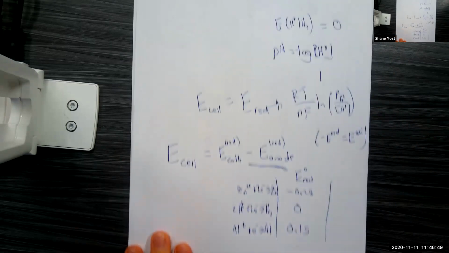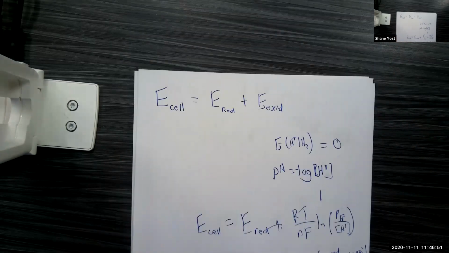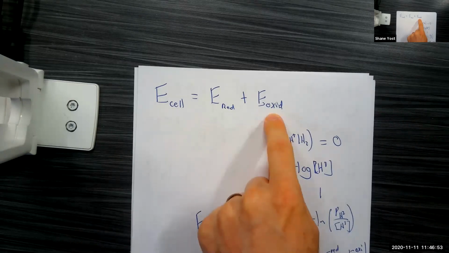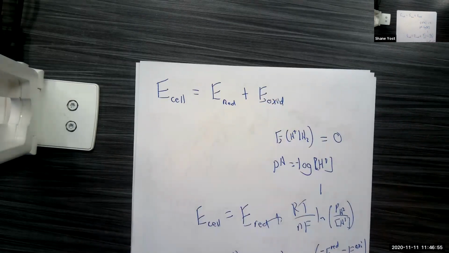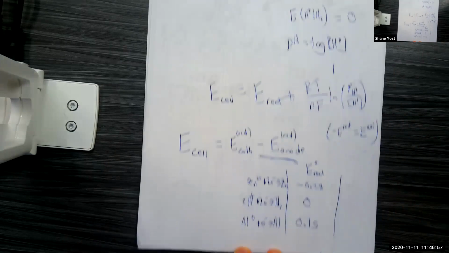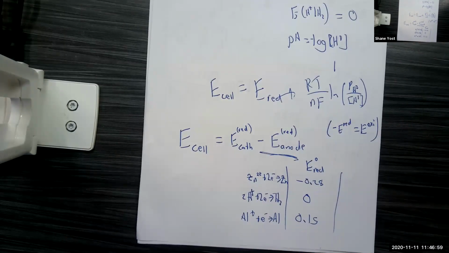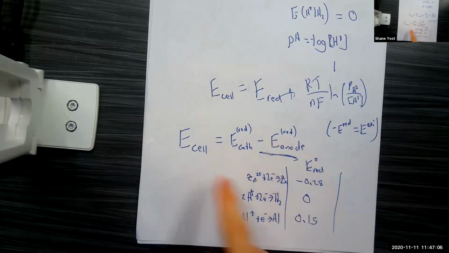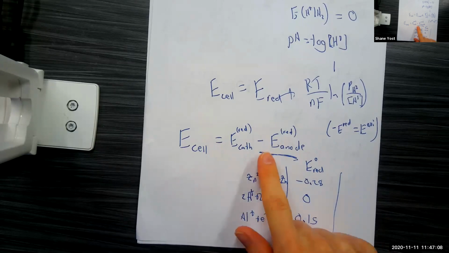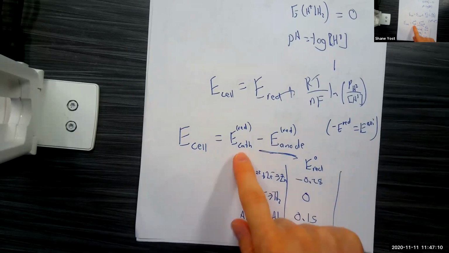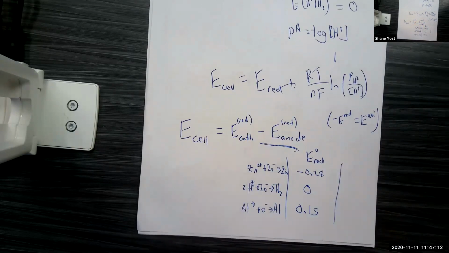Both that form and the reduction and oxidation cell potentials added together are valid; it depends on what you want to use. But the main thing to note for the version with the minus sign is that both potentials are reduction potentials. You have to use reduction potentials for that equation to work.